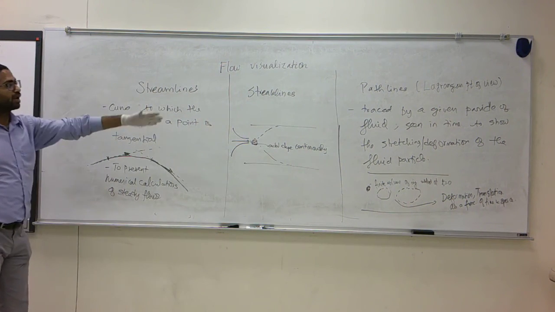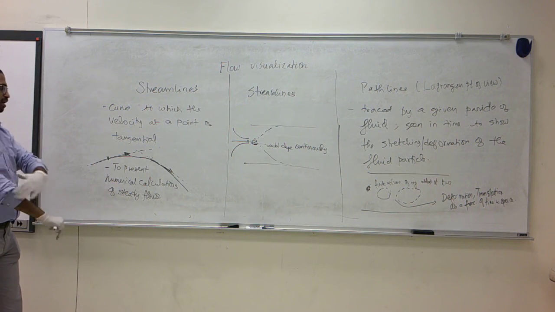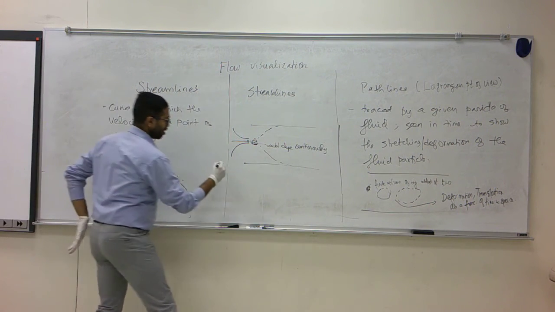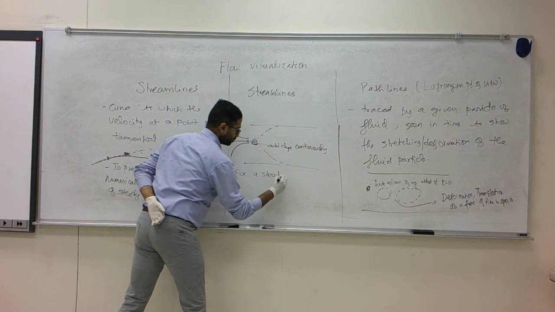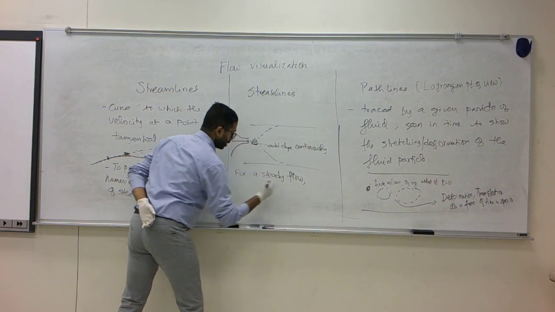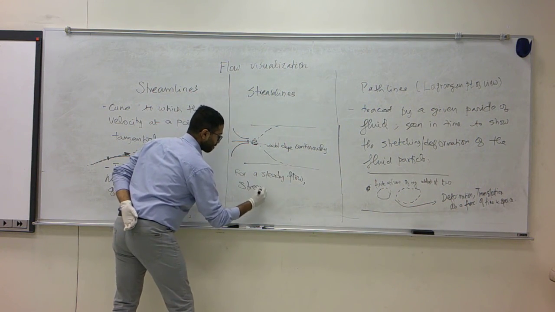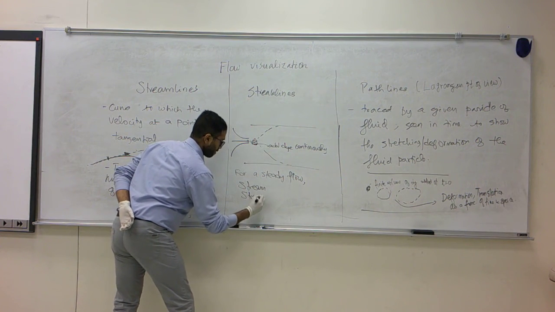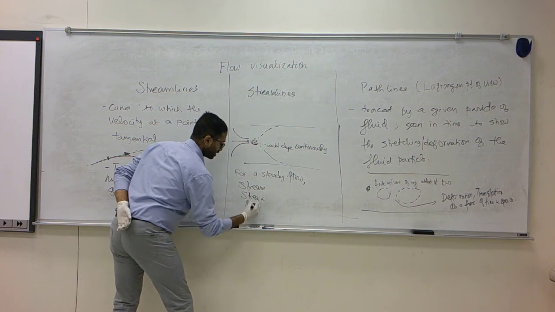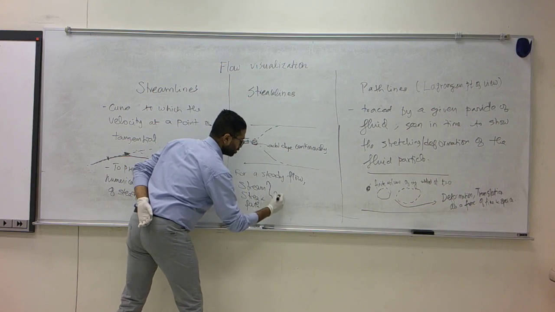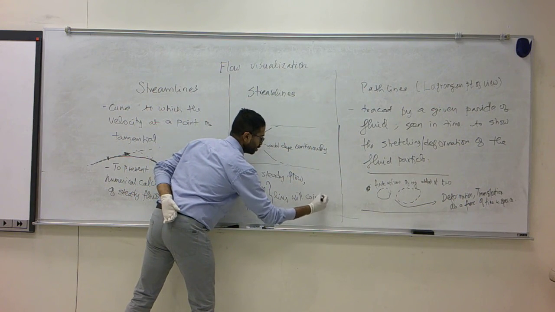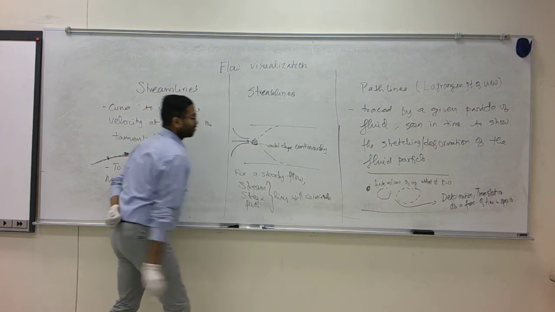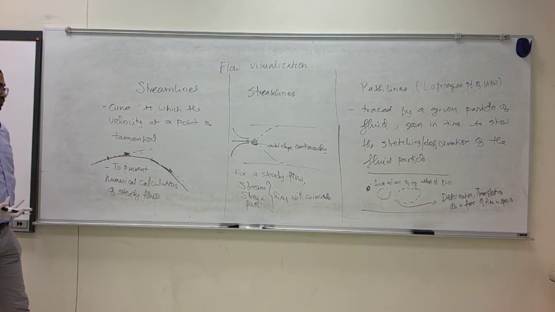Okay, both are visualization tools. For a steady flow, streamlines, streak lines and path lines will coincide. You will find that they all behave identically.